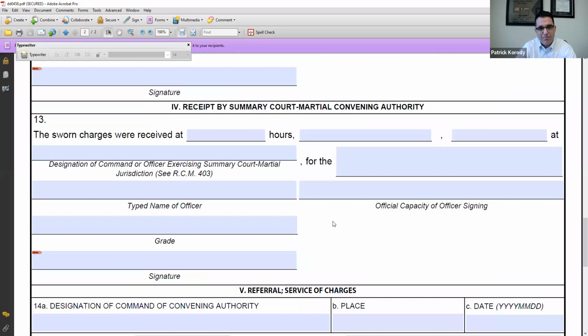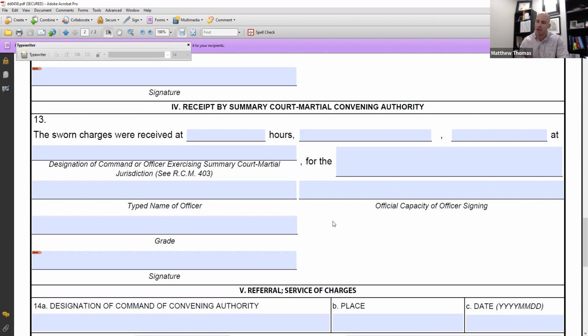Matt, let's go to block 4, receipt by summary court-martial convening officer. What's the purpose of that? Well, there are certain people that have to sign a charge sheet before it gets into court. It's got to go through multiple levels of review before it can even be brought in front of a judge.